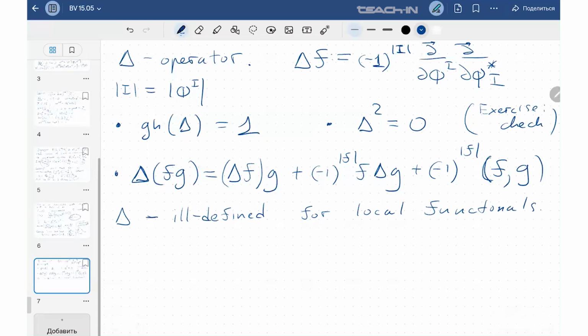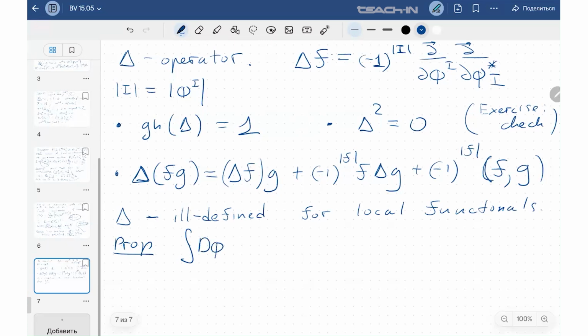Okay, so we introduced this important object, and then we have the statement which I promised. Consider the following integral over phi of a function I of fields and anti-fields, where the anti-fields are set to their values on the surface.